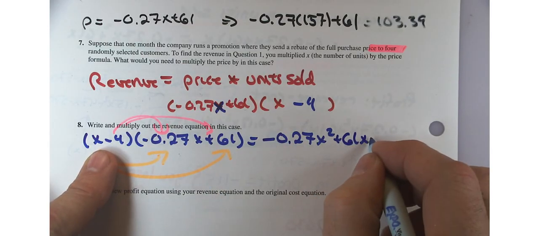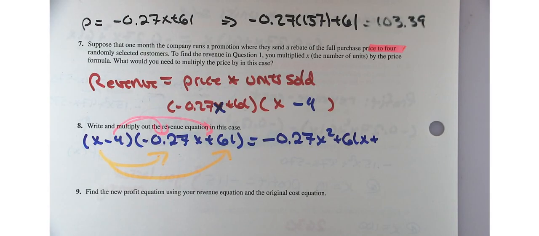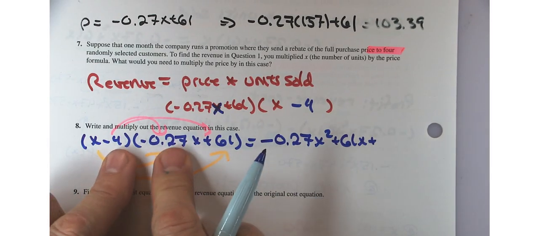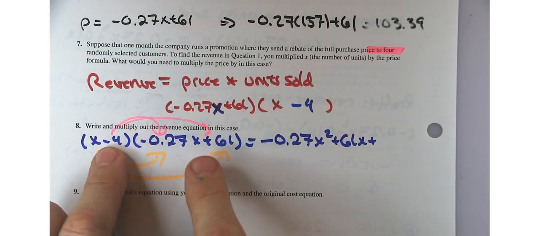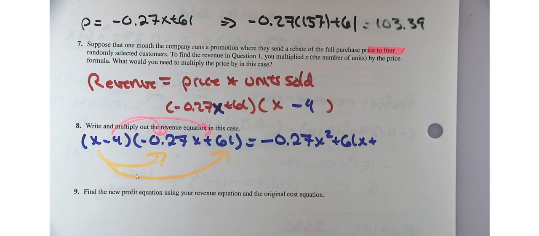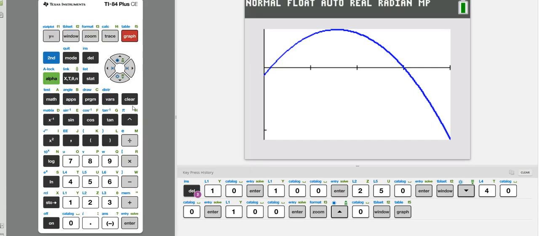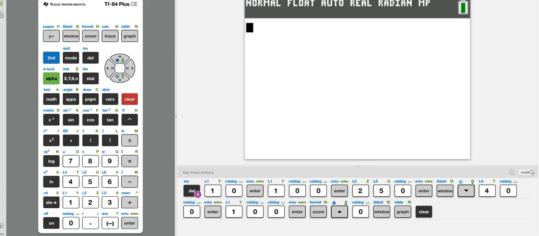Good. Let's keep going. Jalen, how about the next terms? What do I have to do here? Yeah. So a negative 4 times a negative 0.27. You can take out your calculators to do these things. Let's make our life a little bit easier.